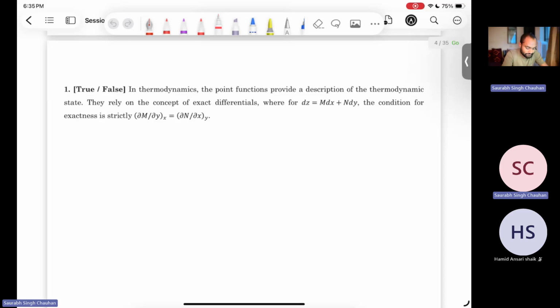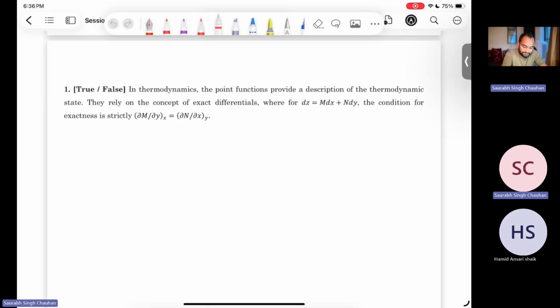We have question number 1. It says that in thermodynamics, point functions provide a description of the thermodynamic state. Correct. The point functions, or state functions, define the thermodynamic state. They rely on the concept of exact differentials, because they are not dependent on path.